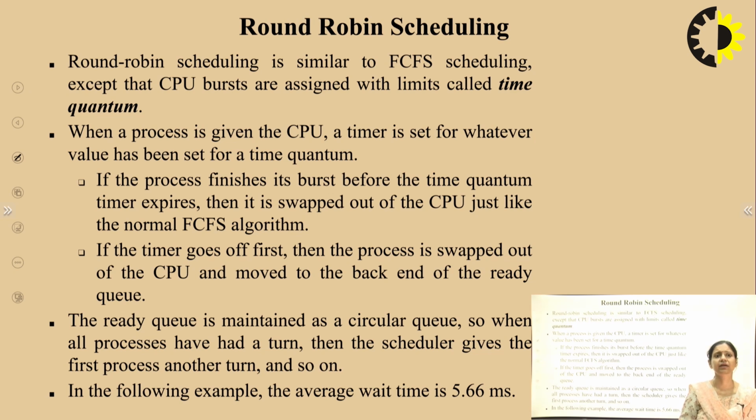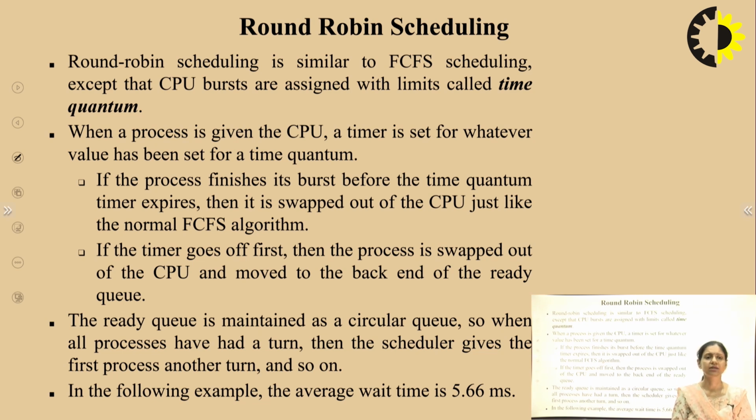The next scheduling algorithm that we have is the round robin scheduling algorithm, where we divide the time interval into time quantums, and a particular process that is coming into the system is given that time quantum to execute. If the process completes its execution within that time quantum, it will be considered as executed.